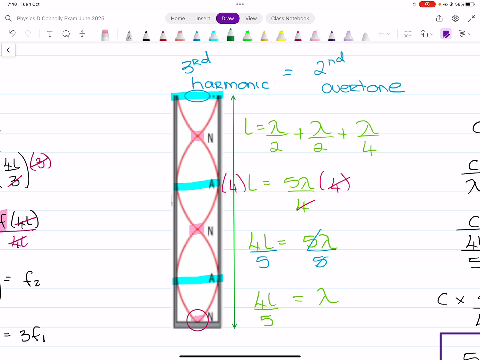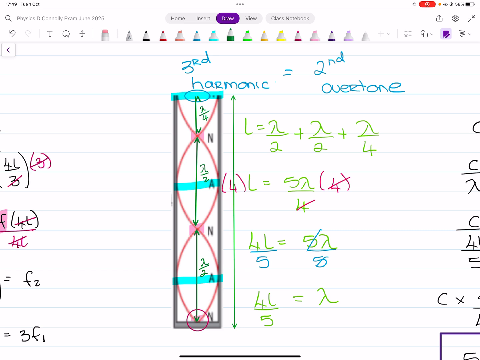Okay, I'll pop in my arrows here. So this is node to node, which is half a wavelength. This is node to node, which is half a wavelength. And then this is node to antinode, which is 1/4 of a wavelength.